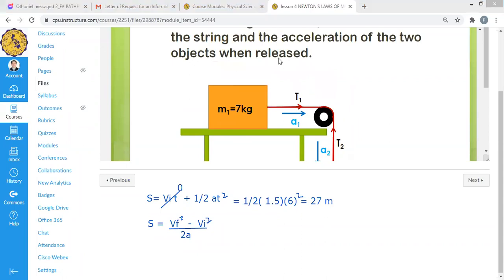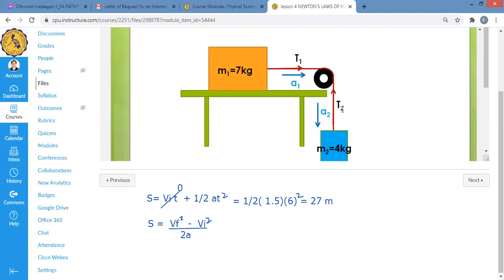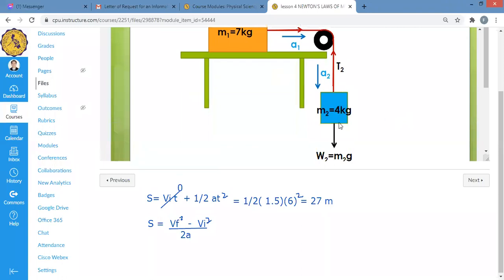It's free to slide. So therefore, the tensions T1 and T2 should be equal in value, but they are opposite in direction. So one thing that we'll realize here is that tension 1 and tension 2 must be the same.